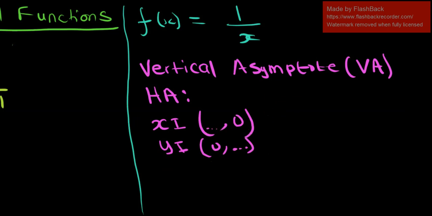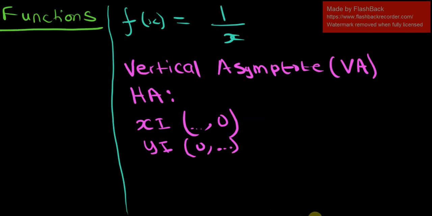These are the four key points that we need to know in order to plot any rational function. Sometimes it will be necessary to get a few extra points on the side of the asymptotes, but we'll look at that later. So for now, let's plot this one.